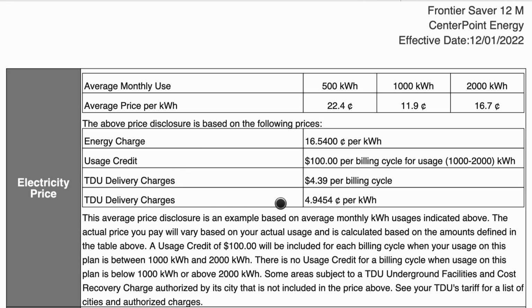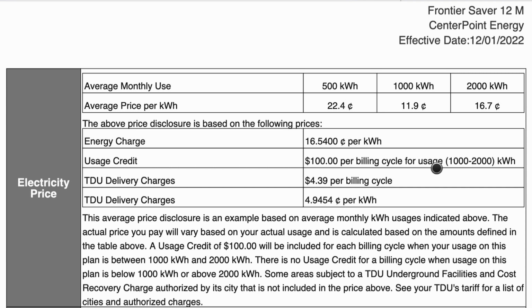The actual values that you need are here, so you can see the energy charge. This is the actual energy charge per kilowatt hour, and then in this plan you have a usage credit. This can change between companies; some companies can give you this credit.